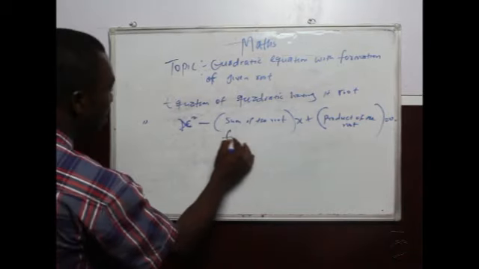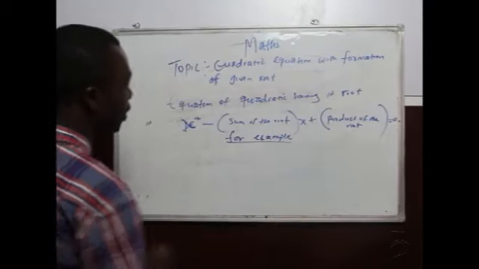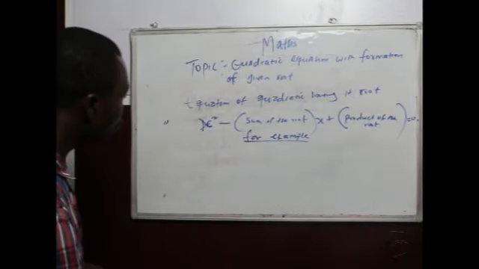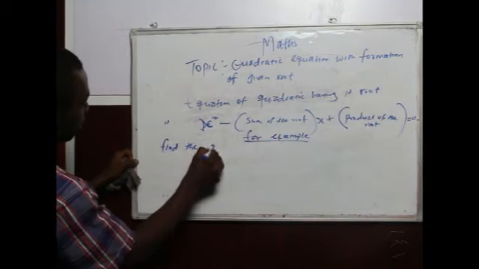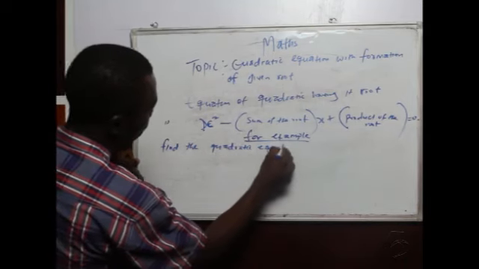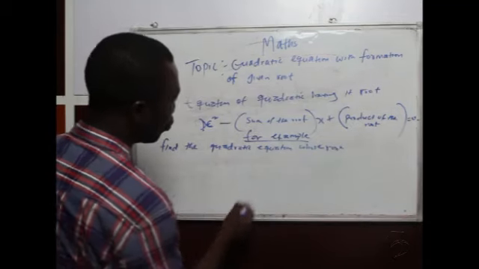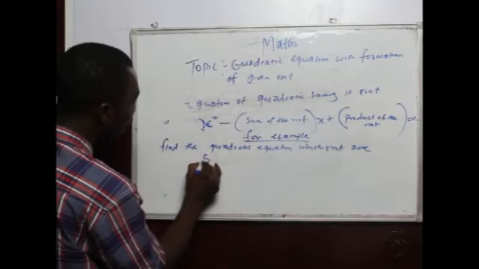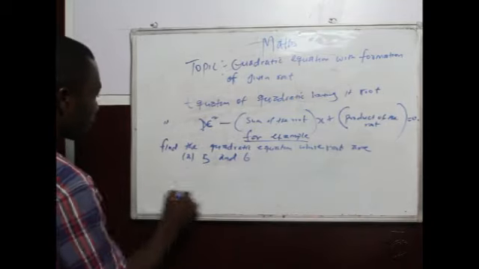For example, let's consider this. Find the quadratic equation whose roots are: A, 5 and 6.